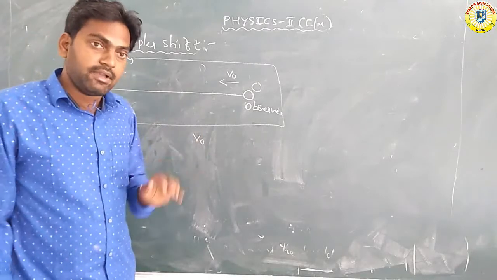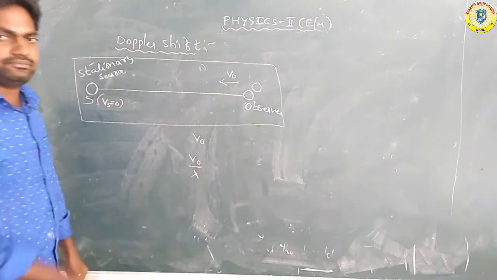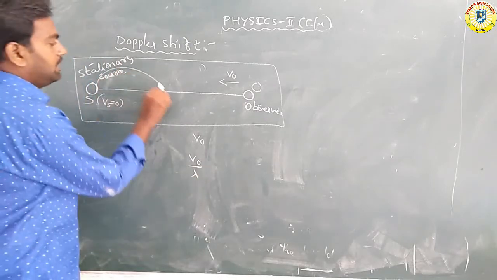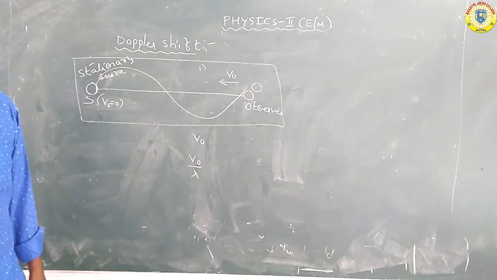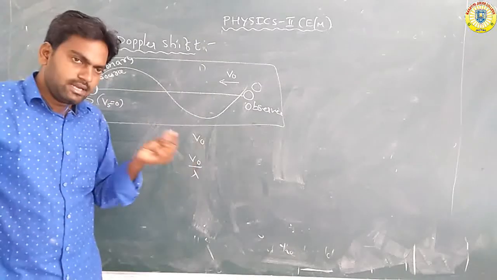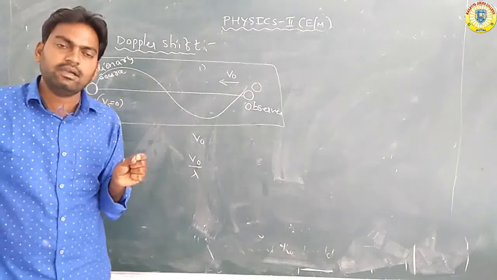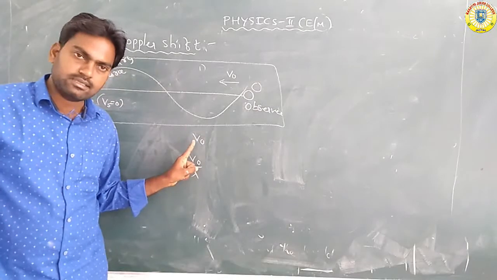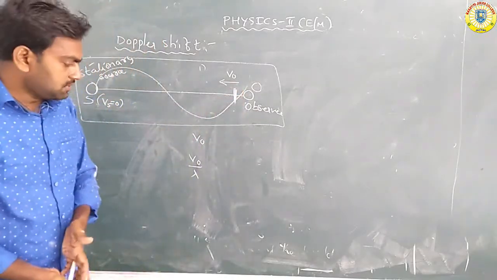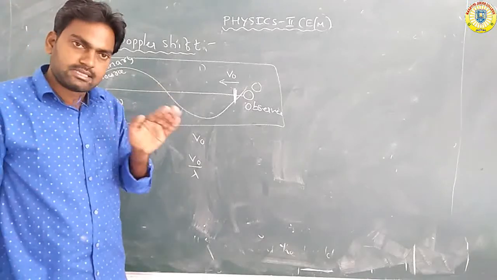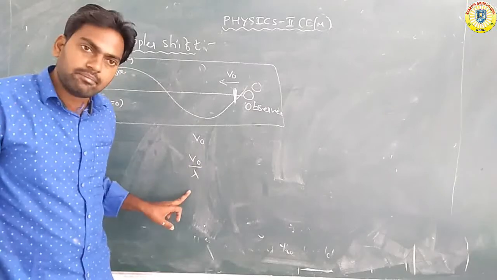The number of extra waves received is v naught by lambda. How is it formed? Here this is the total lambda. So here the small distance the observer moves in 1 second is v naught. Small distance moving. So the number of extra waves received in 1 second is v naught by lambda.